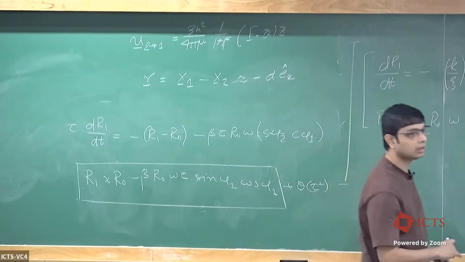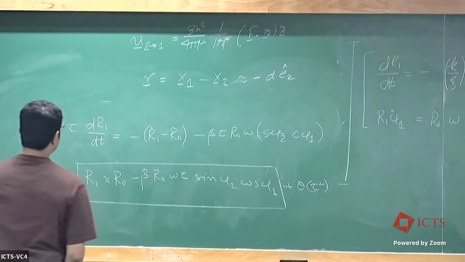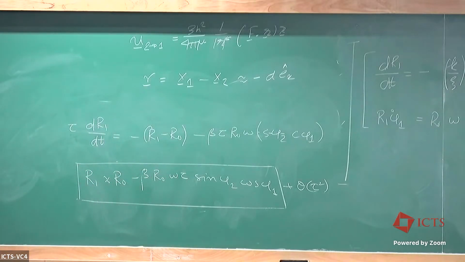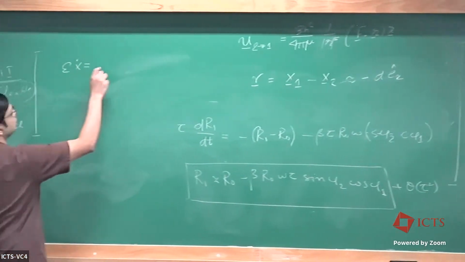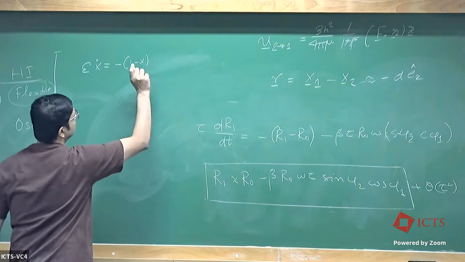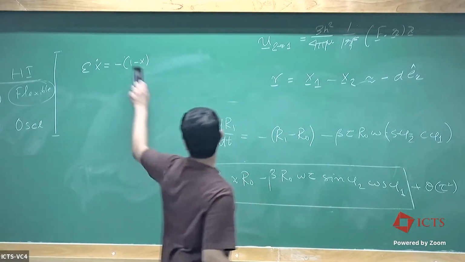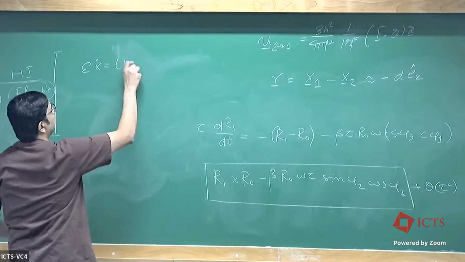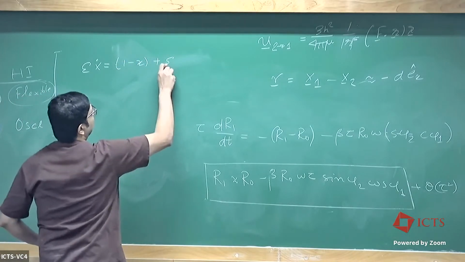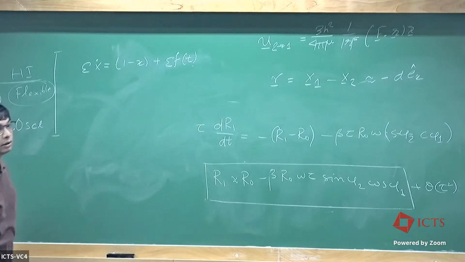Yes? How did that one become more a process? Oh, okay. So this is an equation of the following form. Epsilon x dot is something like 1 minus x plus epsilon times some function, right?